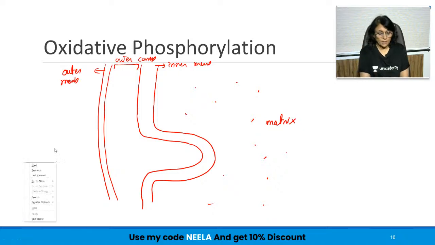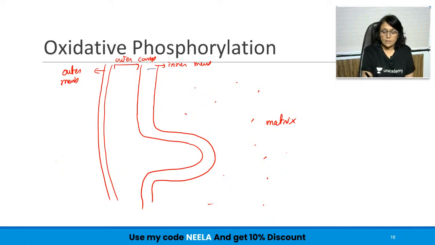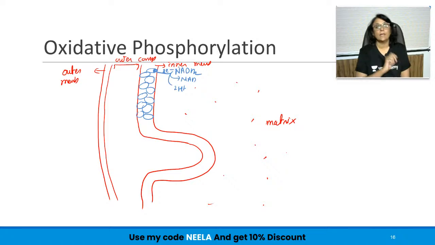Let us draw the electron transport chain in a very simple manner again. Say here are these proteins through which the electrons are going to travel. Here NADH2 dissociates, we get NAD, a pair of protons and one pair of electrons.